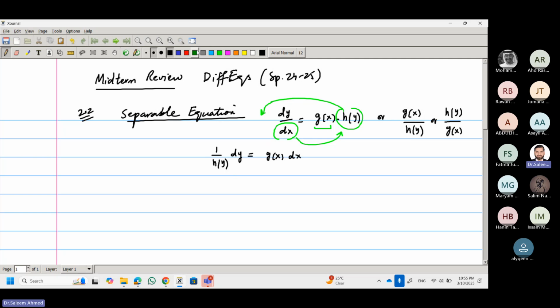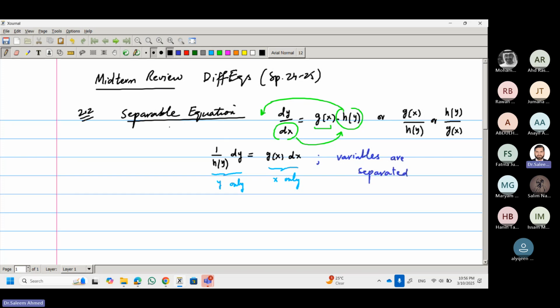So see, there is only y on the left, and there is only the x variable on the right. So you see, variables are separated. That's why we call it a separable equation. Whenever you can separate the variables, you should do that.